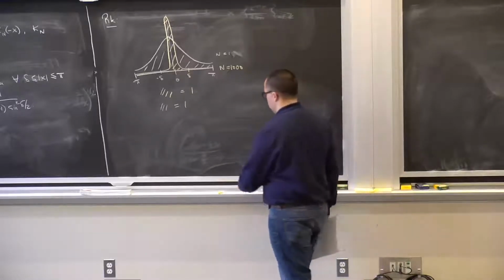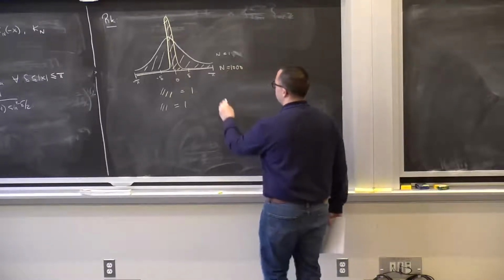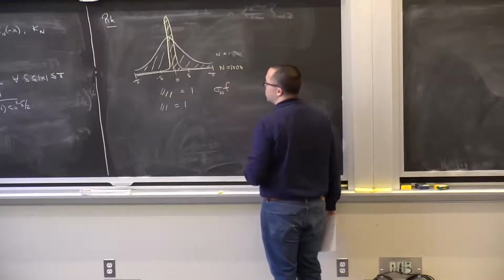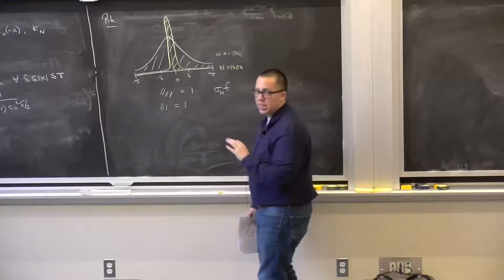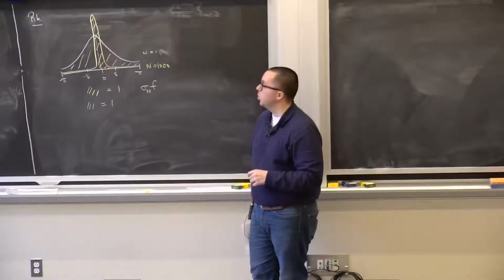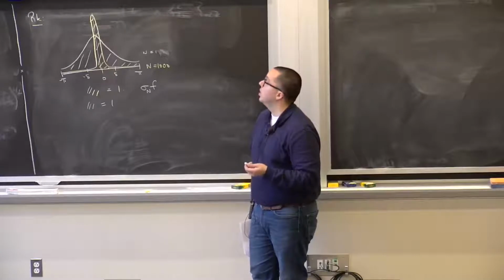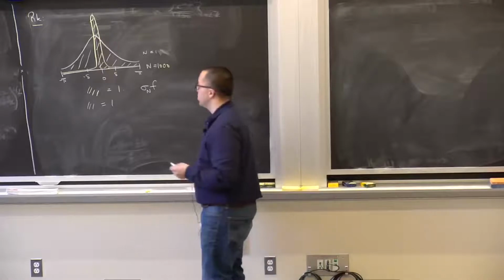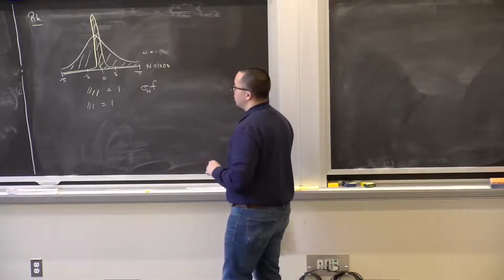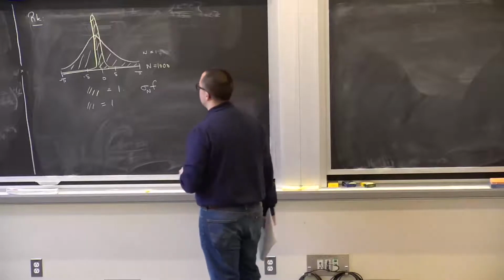Okay, so what is this? This is telling you that if I look at sigma n of f, so this is just some remarks, not to be taken completely literally. This is just the intuition on why we believe that the Cesaro means converge to f, and then I'll say how this picture differs from if we looked at just Sn.